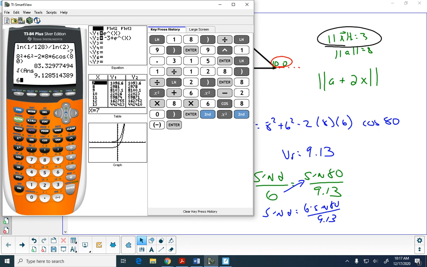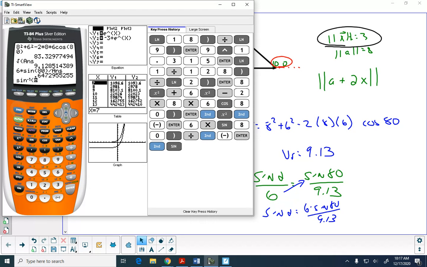We can go 6 times the sine of 80 degrees, close the parenthesis, and then divide by your answer. So I can go second and negative sine, which just pulls down my answer from the first line, and hit enter. Now that is what we're going to have to do the inverse sine of. So we have inverse sine of, once again, I can pull my answer down, 40.34 degrees.